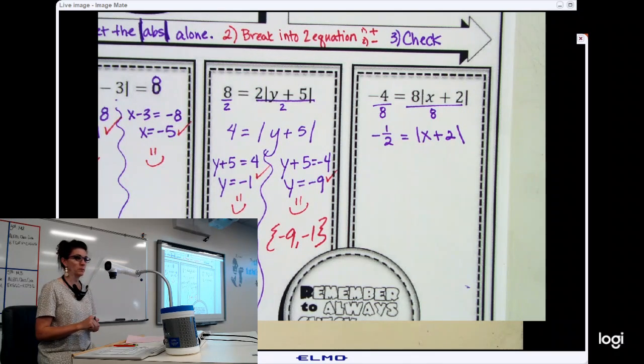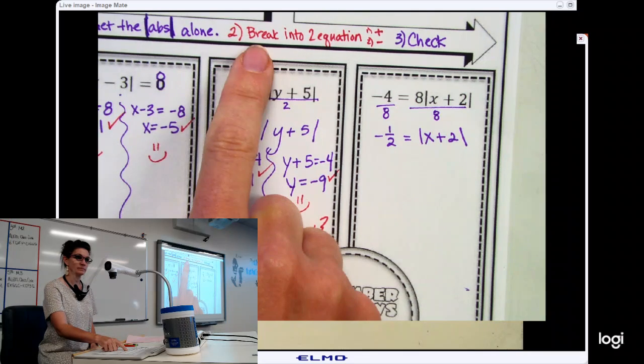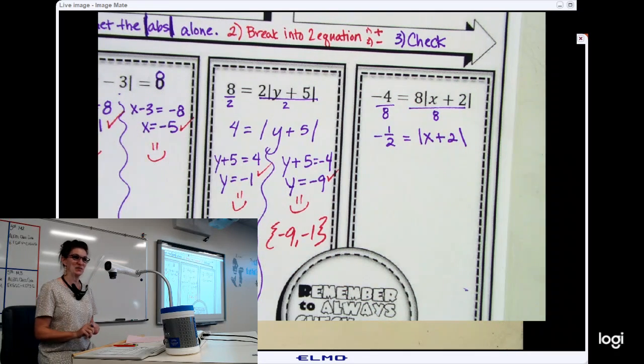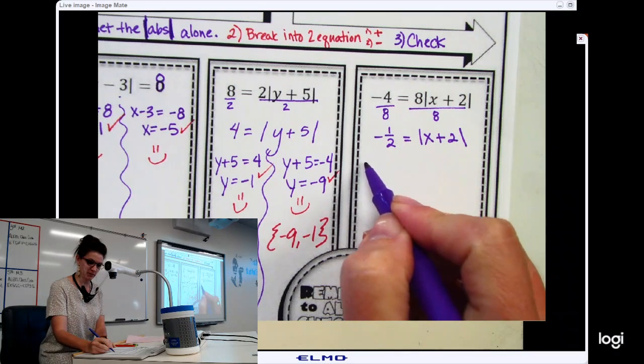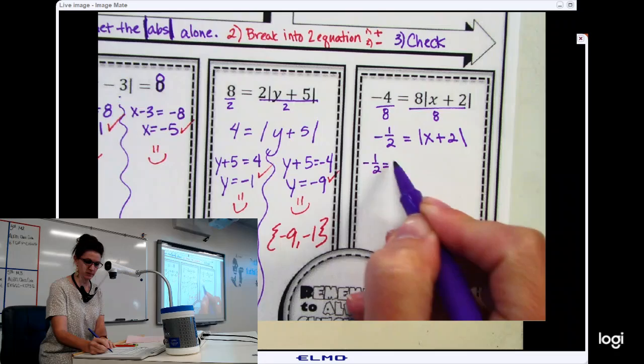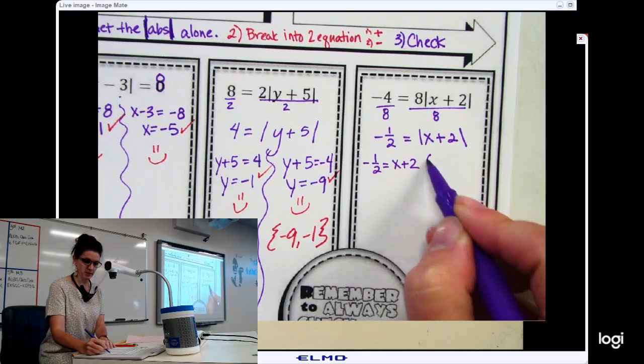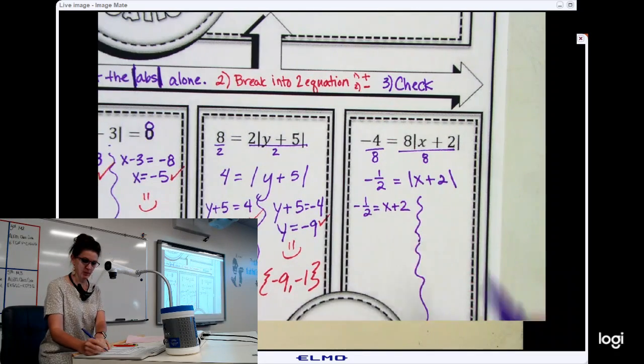All right, Crystal, what would we do next? Break into 2. Yeah, that's where we are. Yep, break it into 2. We just did the divide. So now I've got the -1. So I need to do the positive 1.